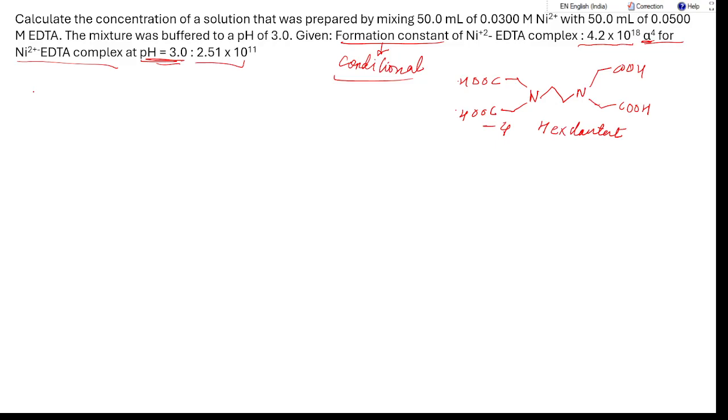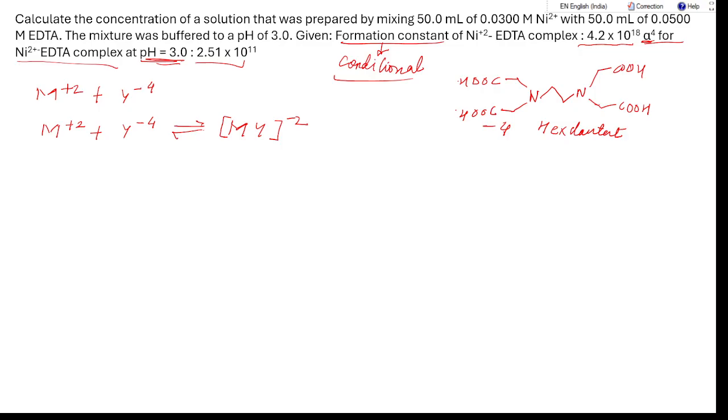Let's say when EDTA forms a complex with this M+2 ion. EDTA has a charge of minus 4, let's write it as Y^-4. If we write the equilibrium, M^2+ plus Y^-4, at equilibrium it is going to form a complex MY^-2.